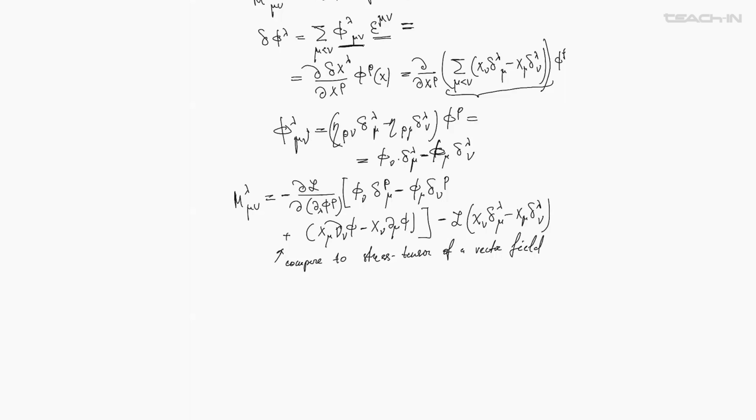M^{λμν} is equal to x^ν T^{λμ} minus x^μ T^{λν}, just as before, but this is not the end of the story because there will be an extra contribution, which looks as follows: φ_ν, φ_μ, minus the Lagrangian derivative with respect to ∂_λ φ_μ, like this.